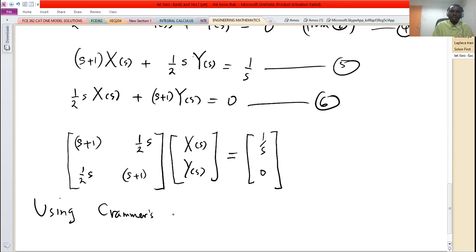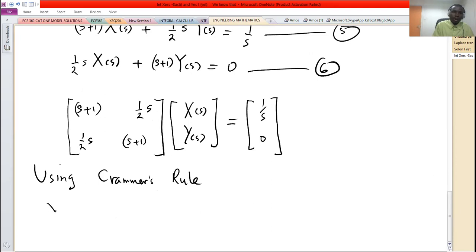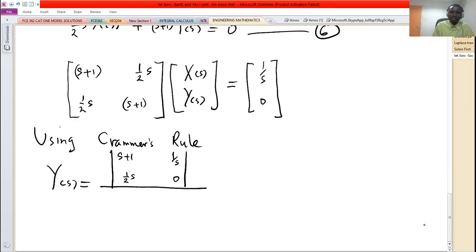Using Cramer's rule, Y of s will be given by the determinant of s plus 1, a half s, 1 over s, 0, over the determinant of the matrix s plus 1, 1 over 2s, 1 over 2s, s plus 1.